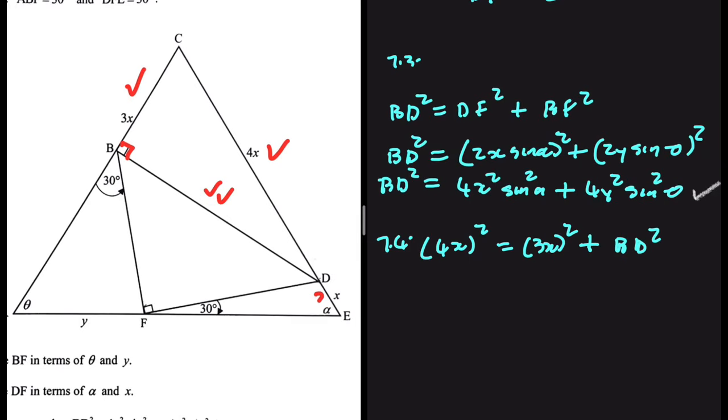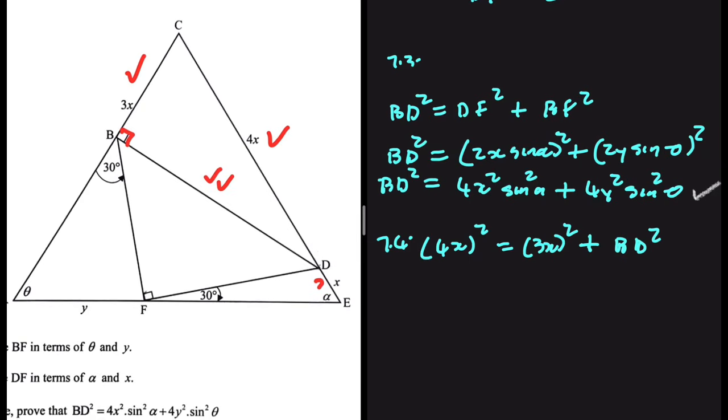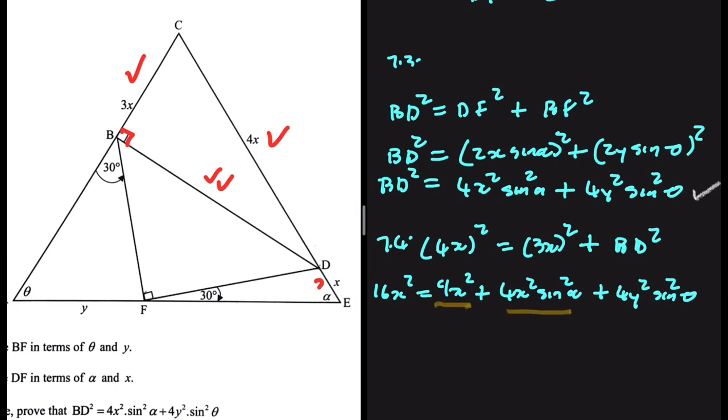But we know what BD squared is equal to. But what about (4x) squared? (4x) squared is just 16x squared, being equal to (3x) squared, that is 9x squared, plus BD squared. BD squared is 4x squared sine of alpha squared plus 4y squared sine of theta squared. Let's take all the terms with x to the left-hand side. We have 9x squared and 4x squared sine of alpha squared.